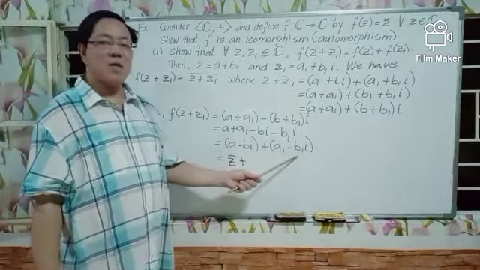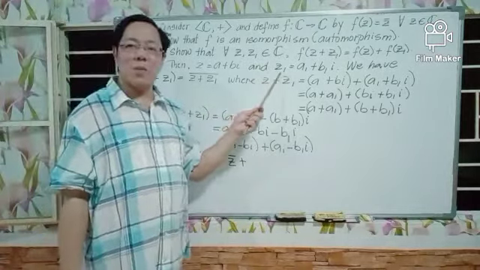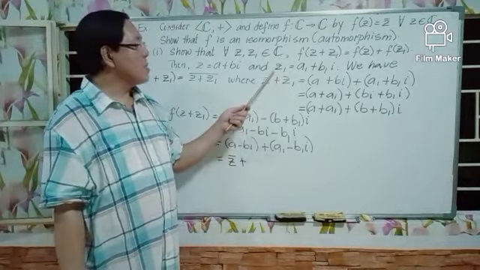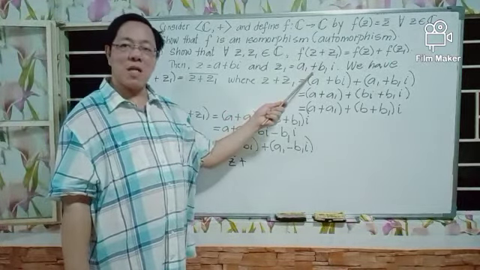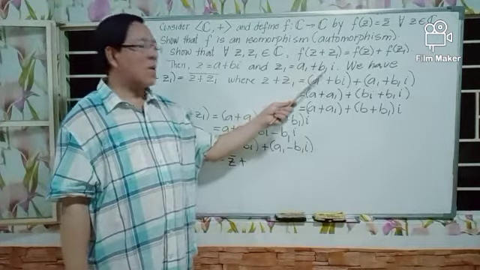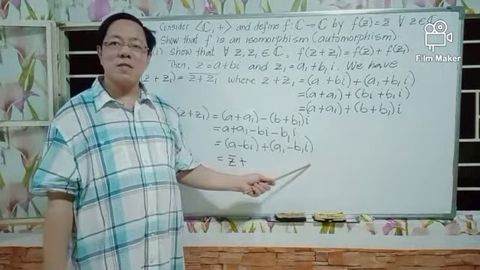Plus a1 minus b1i is the conjugate of the complex number c1, denoted by z1 bar. c1 bar is the conjugate of c1 obtained by taking the opposite sign of the imaginary part of c1. Hence, a1 minus b1i is the conjugate of c1, denoted by z1 bar.